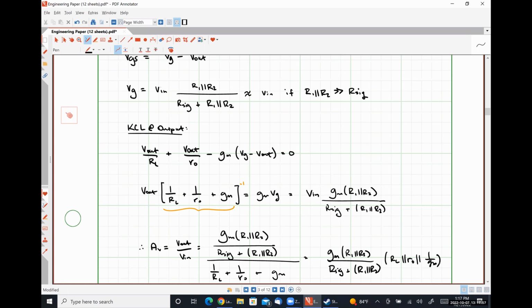And if we're trying to drive a load RL that is larger in resistance than 1 over GM, then we effectively wind up with GM times 1 over GM, or a gain of 1, which is why this is used as a buffer amplifier. We effectively get a gain of 1, but we have the benefit of having near infinite input impedance and all that kind of stuff because of the open circuit.